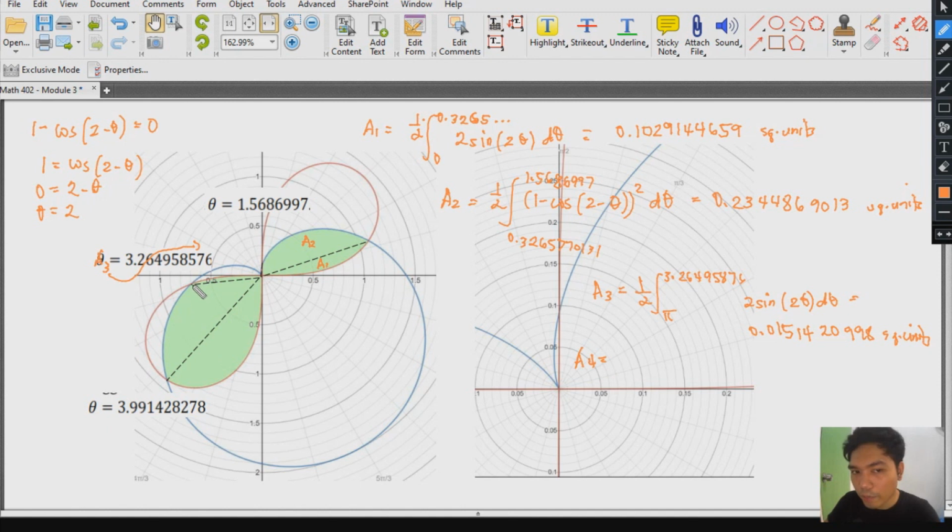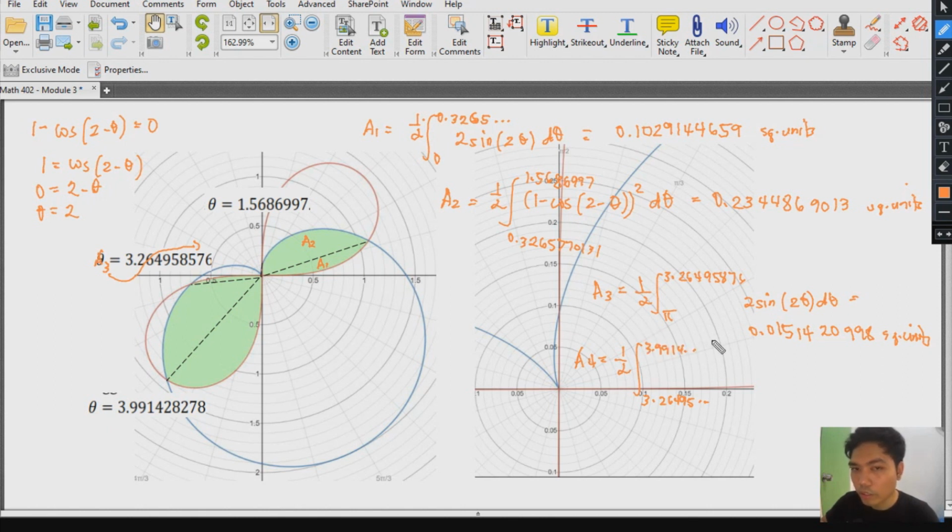Okay? And then, let's proceed to the fourth area. So, yung fourth area, madali lang siya kasi you could see na itong fourth area natin is basically just the blue function which is this 1 minus cosine 2 minus theta evaluated from theta 3 to theta 4. So that is basically 1/2 and then yung theta 3 natin that's 3.26495. So yun. And then we have 3.9914.